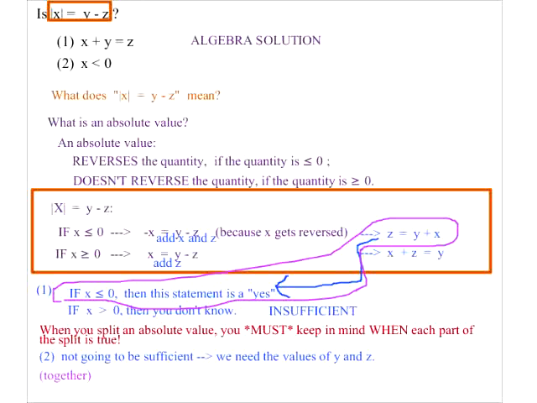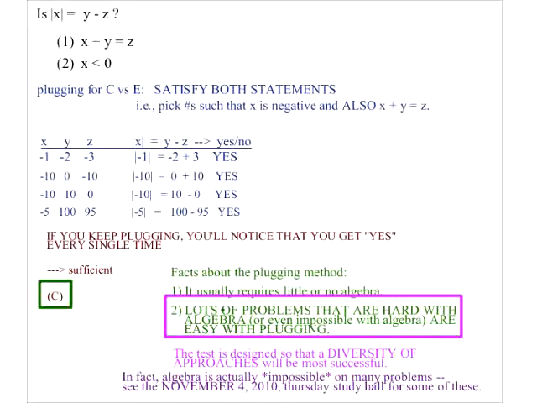So notice there's a bunch of things I want you to notice about this problem. The first is, of course, how to process these absolute values. You do have to know how to do this kind of thing. But it would be a mistake to focus all of your energies on just doing that, because what is just as important is learning to do this plugging.